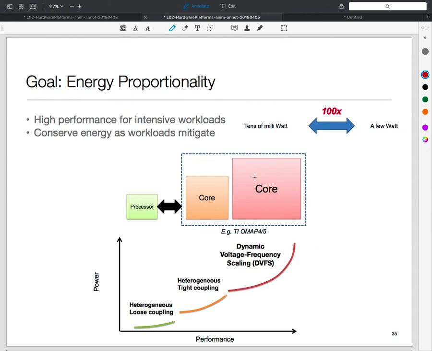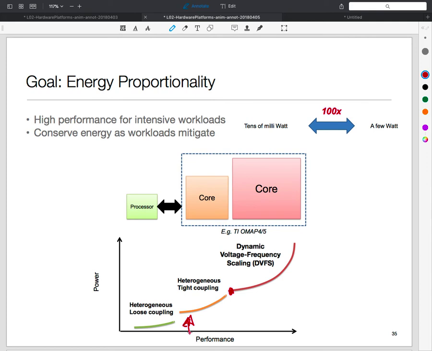I'm a little confused on how adding a smaller processor improves the energy consumption. So this processor is basically letting me operate over a larger range of power and performance. If I have a big processor, this is the lowest I can operate at. But let's say my workload is here.